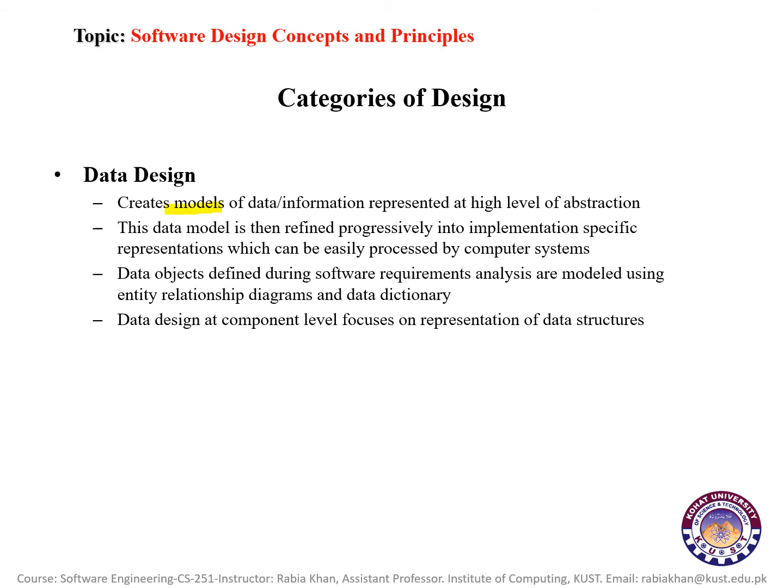So it is the creation of models of data and information generally presented at a high level of abstraction. The level of abstraction is generally the customer or the user's view of data, how the user is looking at the data.